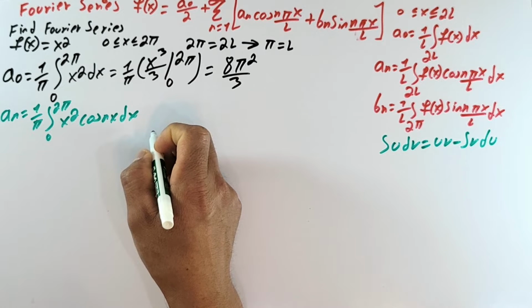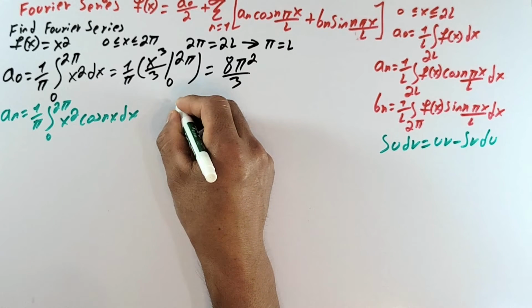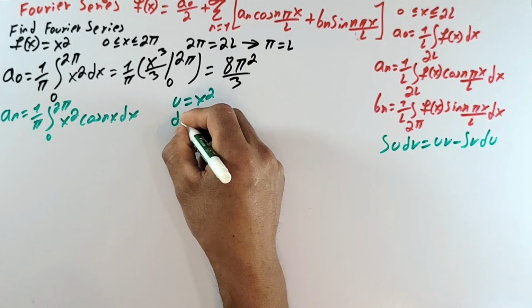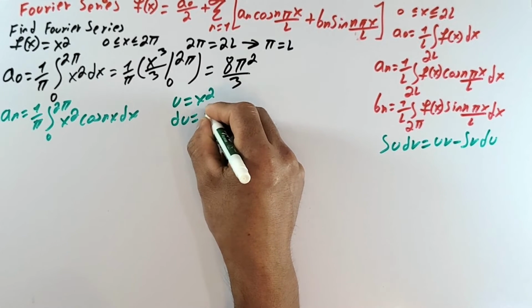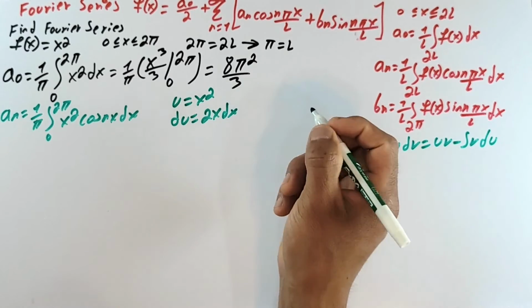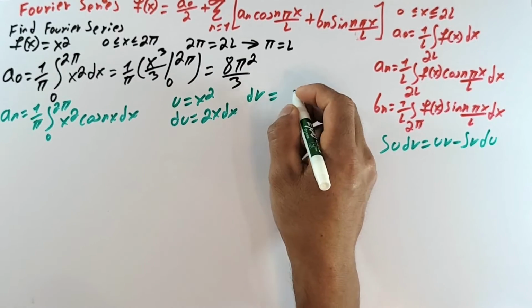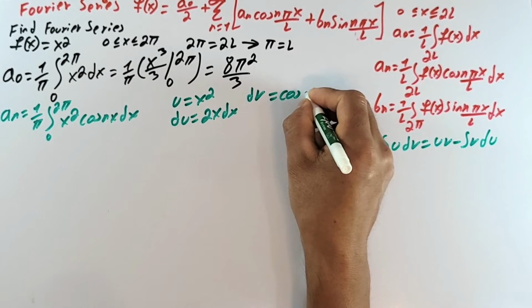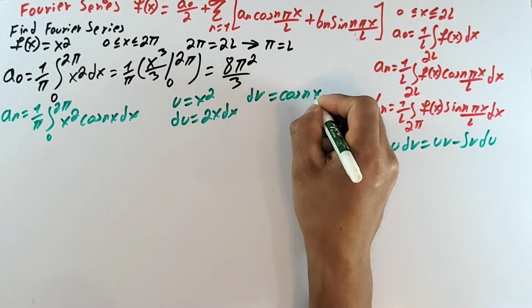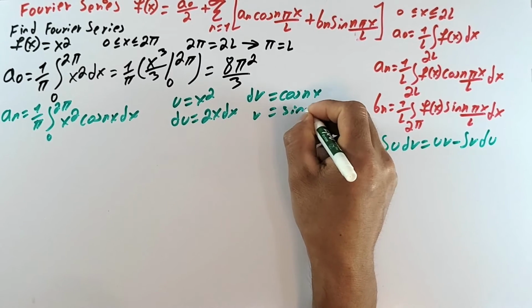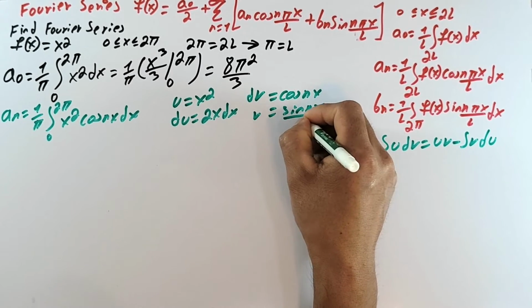Now this whole thing, we have to do integration by parts. We let u equal x squared. We differentiate this, and du is 2x dx. dv is equal to cos nx. We integrate this: v is sine nx over n.